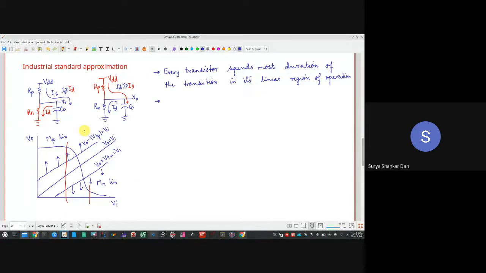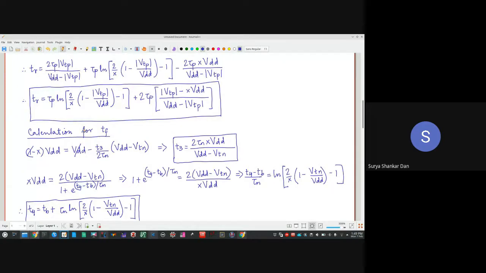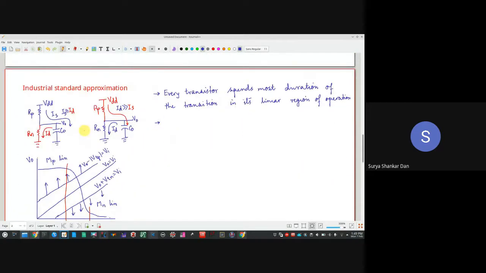Okay, so in our previous calculations, what we have done is that we have ignored the current ID with respect to IS. That is the reason why we say that during the charging phase, the capacitance is simply having this IS current itself. Similarly, during the discharging phase, we say the capacitance is only having the ID current, because of these two things.